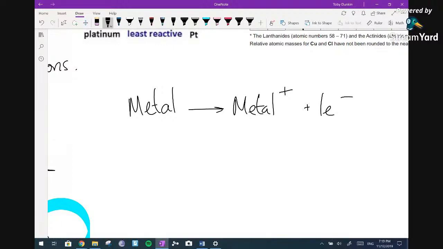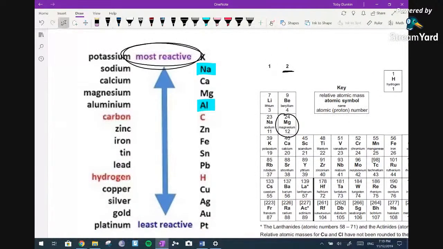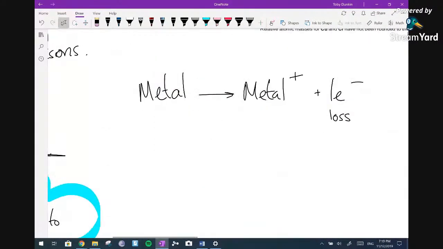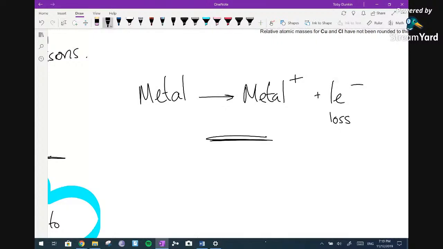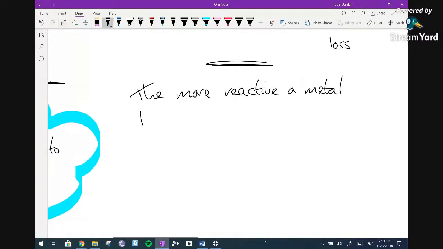They lose them, we know this, loss. And we can now say the more reactive a metal, the easier it loses electrons.